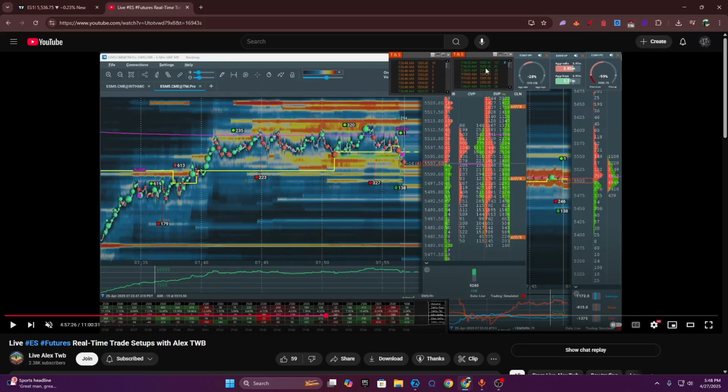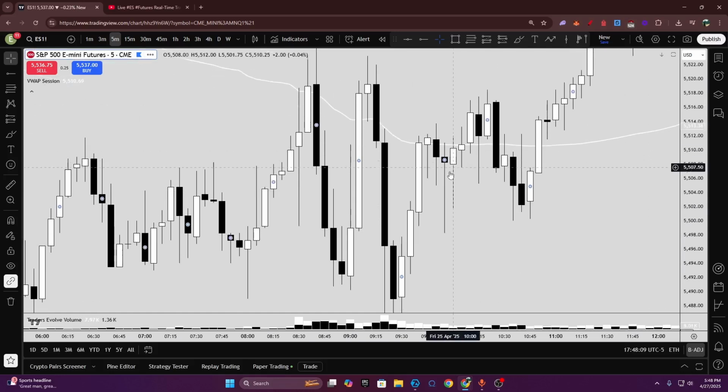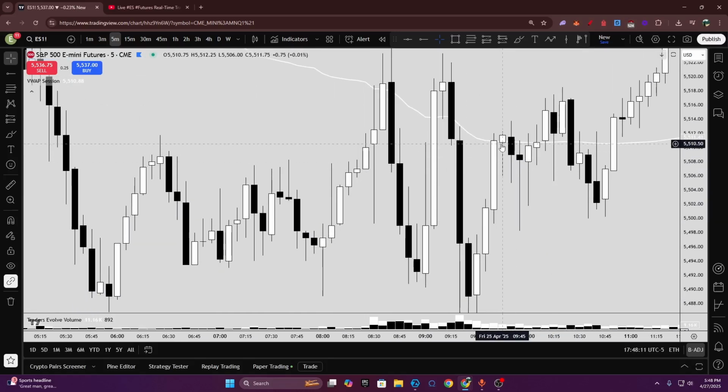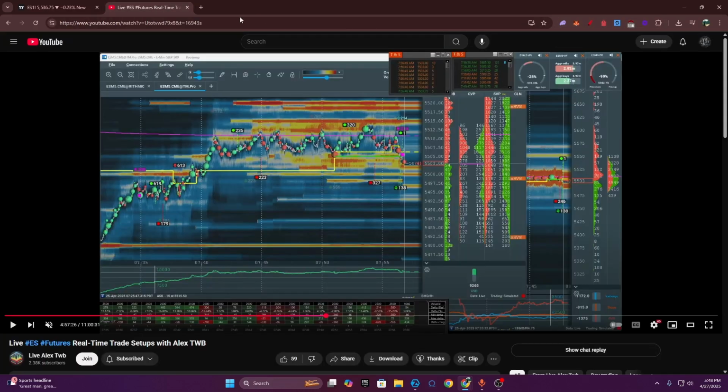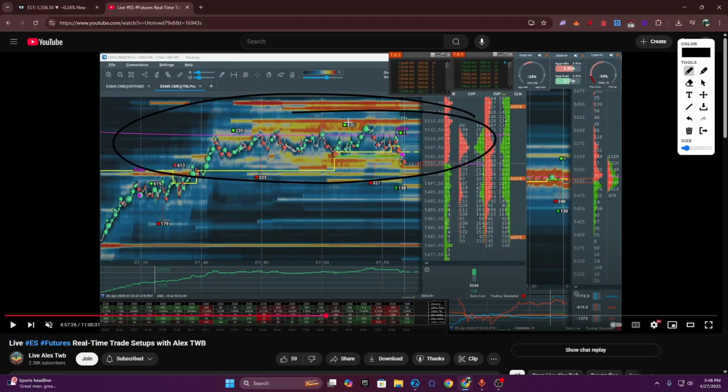But take a look at what happened at 9:50. We started coming up to this level and we see sellers coming in, but buyers are still holding if you look at a candlestick chart, right? If we look on the footprint chart, take a look at what is going on. We're seeing movement between barriers, right?